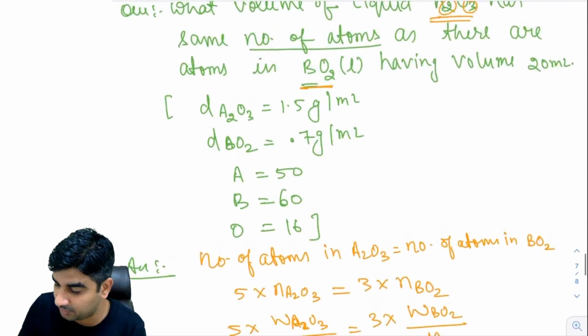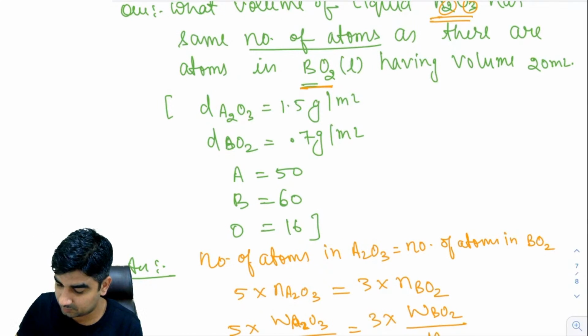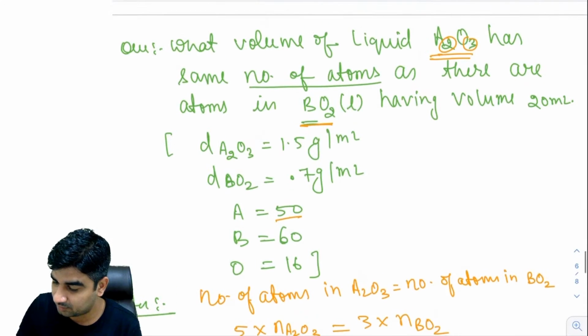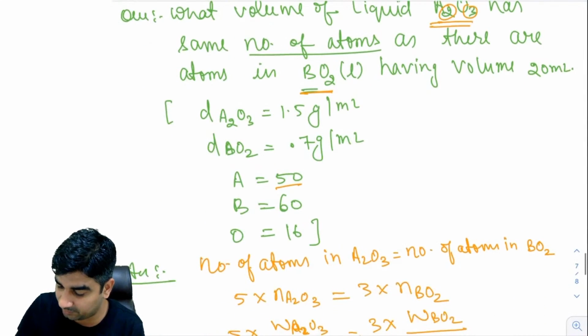What is the molar mass of A2O3? A has 50, so A2O3 will have molar mass 100 plus 48, 148. And BO2 has 60 plus 32, 92.